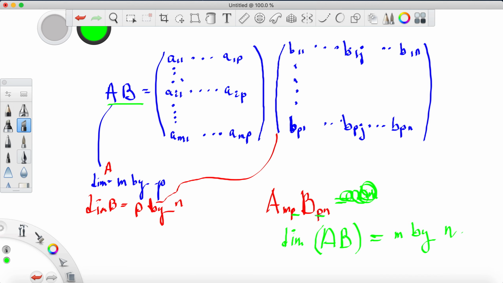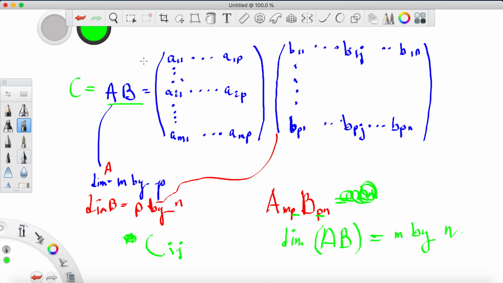Okay, so how do I find any given entry? If I denote, let's say we call AB C, so I'm going to say C is AB, how do I find C_ij?